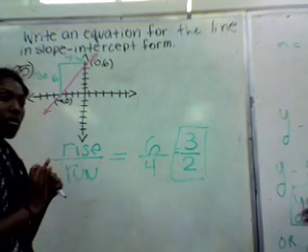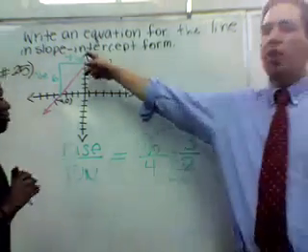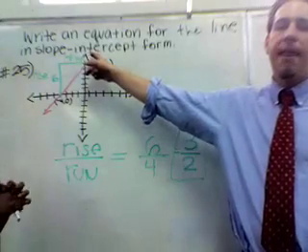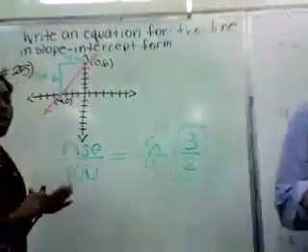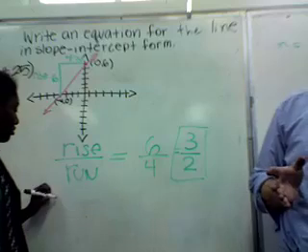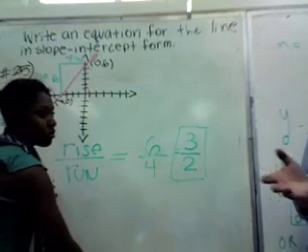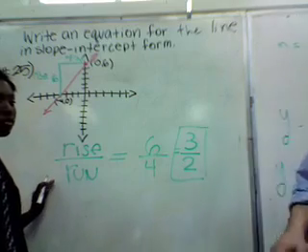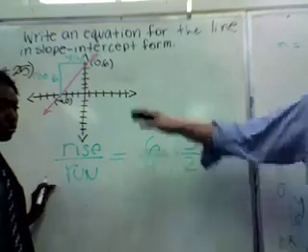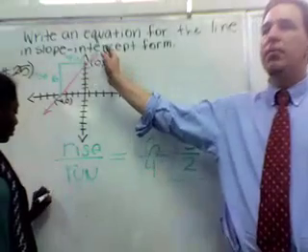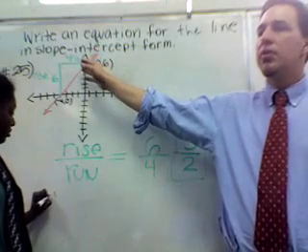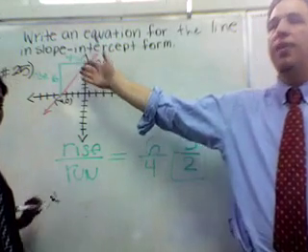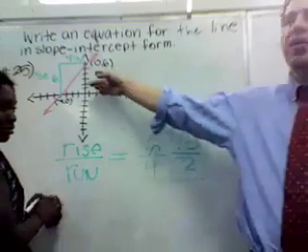You can do anything you want, but they're asking you to put it in slope-intercept form, right? So what would be the quickest thing for us to do? What do we need to put it in slope-intercept form? They didn't ask for point-slope form. How do you find the b, the intercept? Aaron did it earlier.